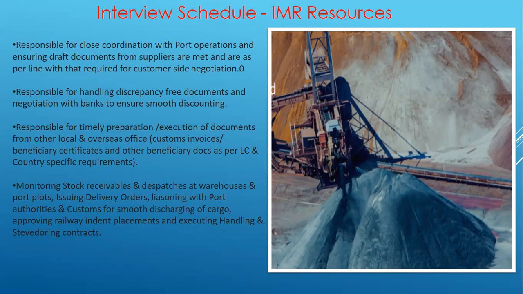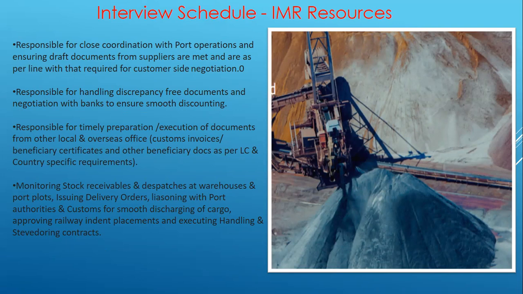So for example, we have placed the order of 9 containers of the raw material. Once we do these activities, our CHA will share the details. The CHA will also share the freight charges and all the charges regarding the shipment along with the ETA and ETD.